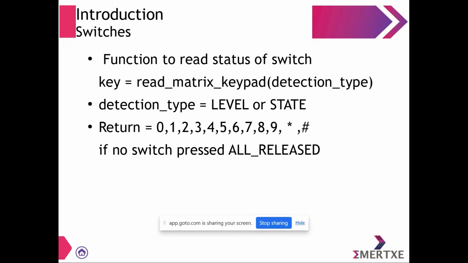This function returns which switch is pressed, whether 0 1 2 3 4 5 6 7 8 9, hash or star, if any switch is pressed. If no switch is pressed, then it will return all released.